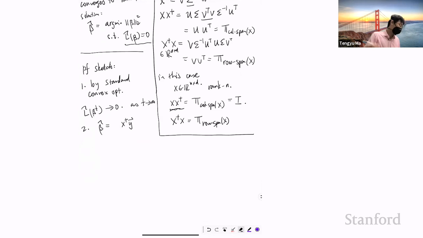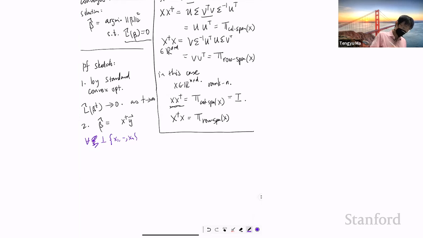And this can also be simply verified, because for any zeta orthogonal to x1 up to xn, you look at X pseudo inverse y vec plus zeta, the 2 norm of this.